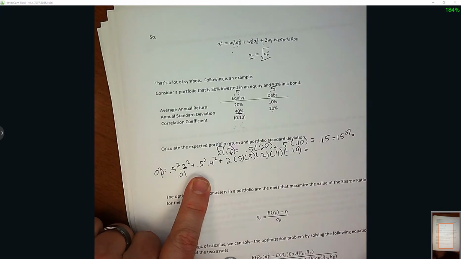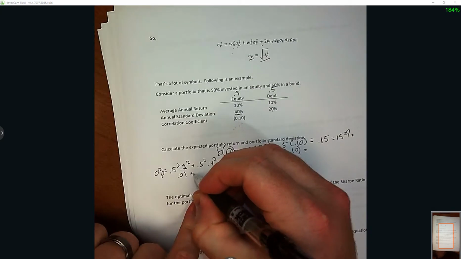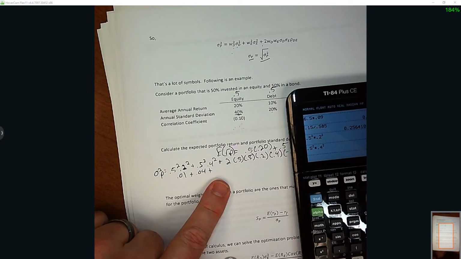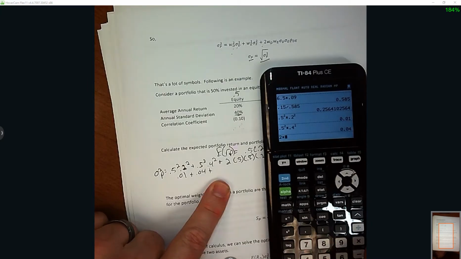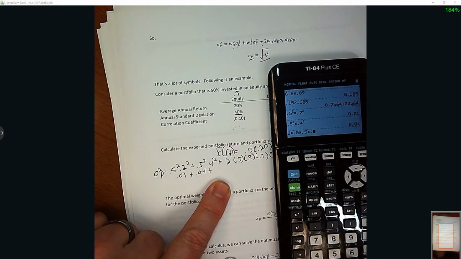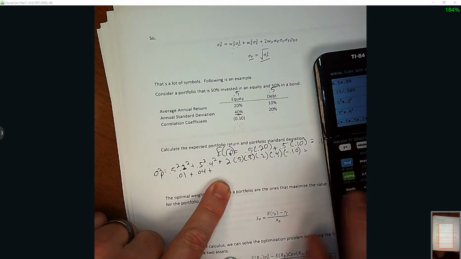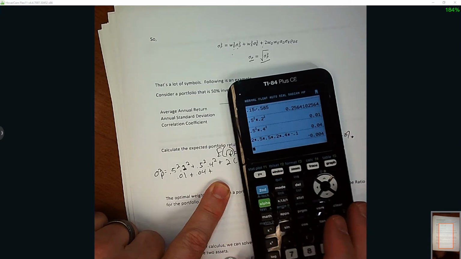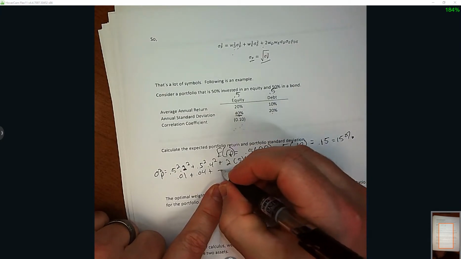That gives me 0.04. Plus 2 times 0.5 times 0.5 times 0.2 times 0.4 times negative 0.1. And that gives me negative 0.004.